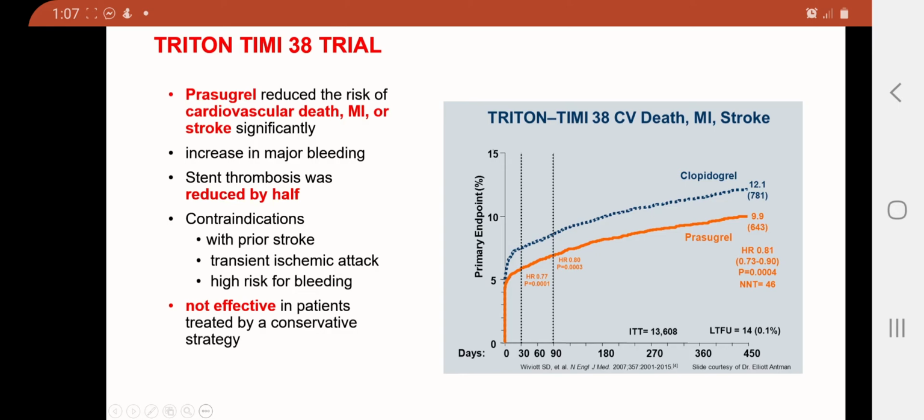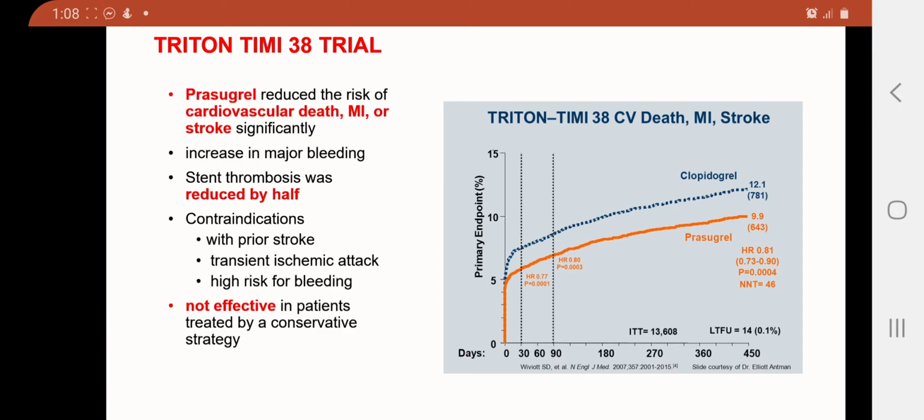So, the TRITON-TIMI 38 trial supports prasugrel, which reduced the risk of cardiovascular death, MI, or stroke significantly.